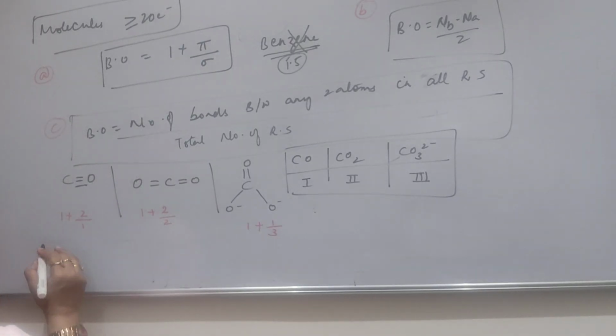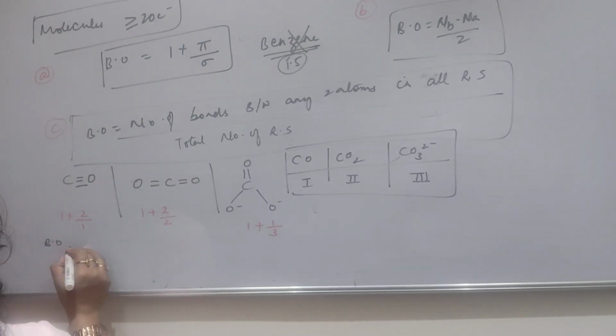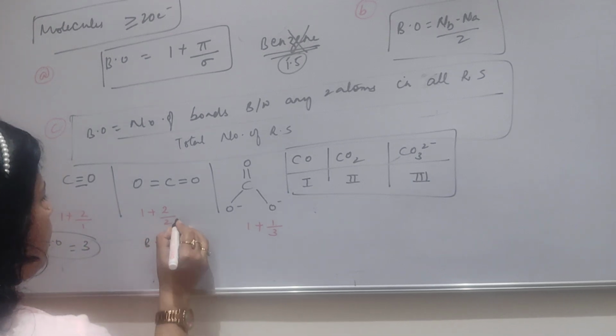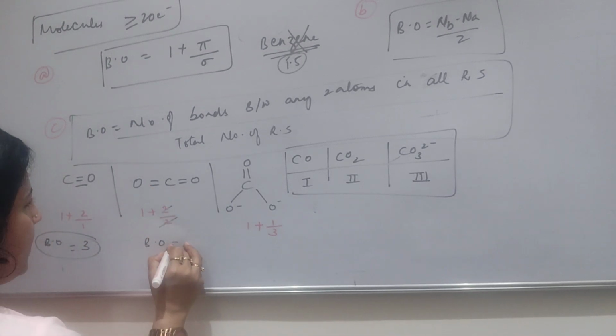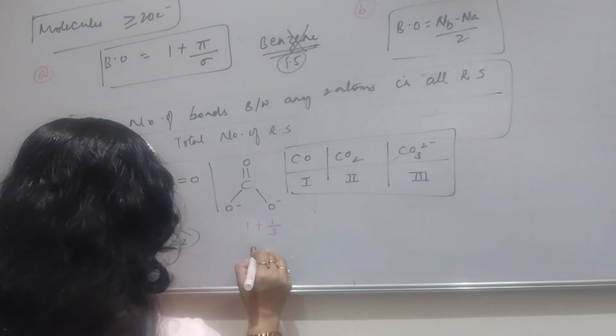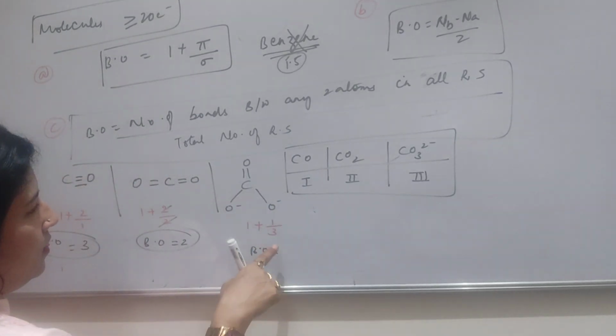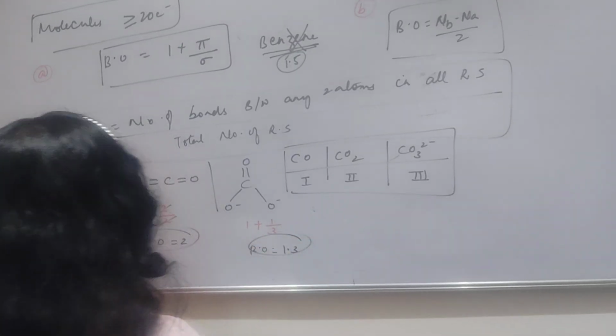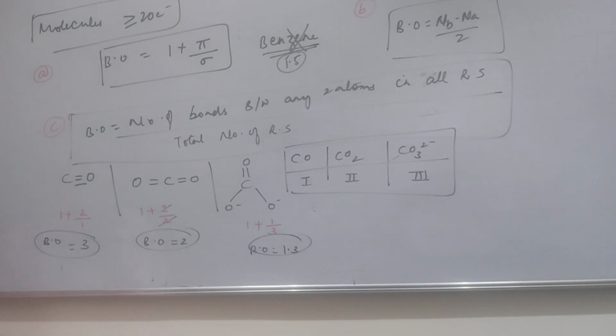So the bond order here will be equal to 1 plus 2, that is 3. And here the bond order will be 2. And here the bond order will be 1.3. So it's easy. Now you know which bond order is more: 3, 2 and 1.3.